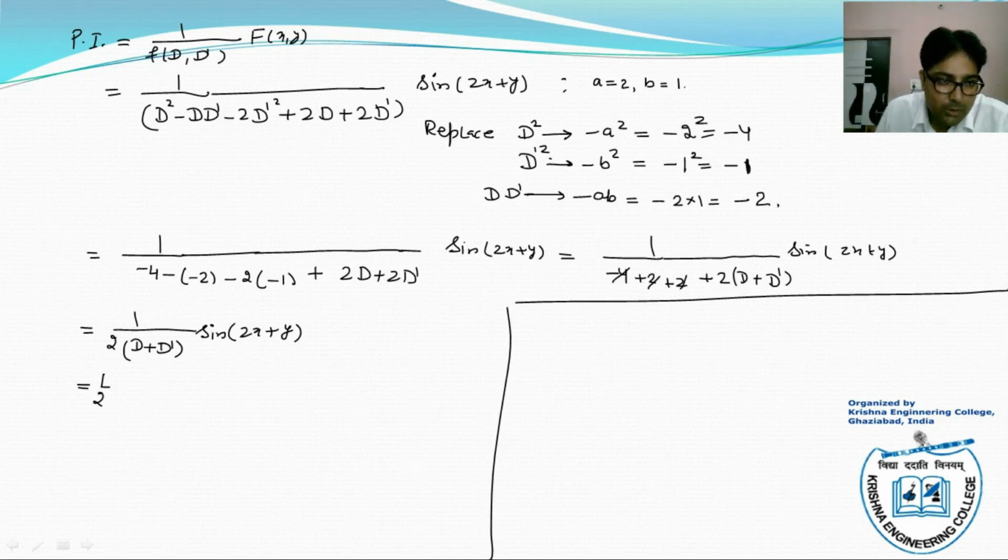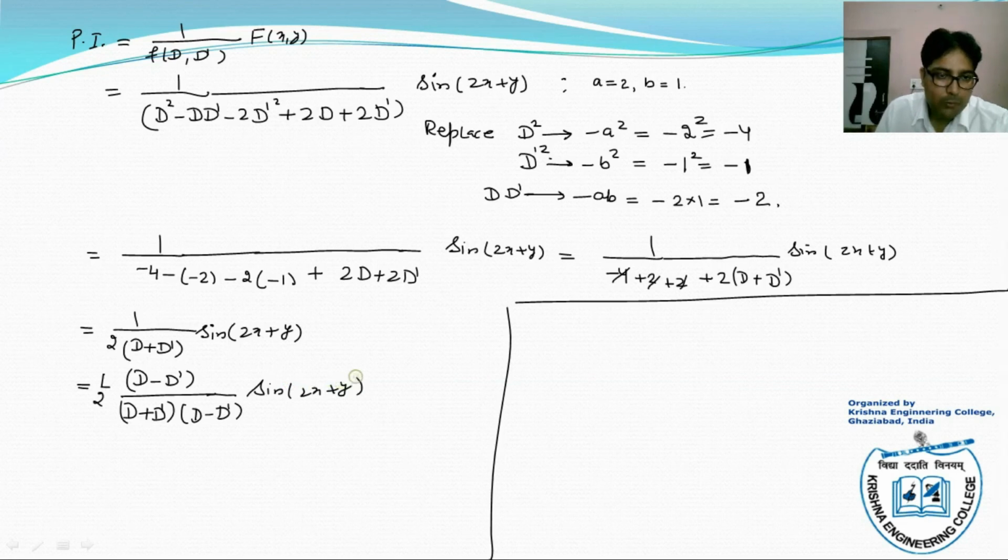The suitable conjugate of D plus D' is D minus D'. So multiplying by the suitable conjugate operator in numerator and denominator, this is D plus D' and multiply D minus D'. This becomes D squared minus D' squared.